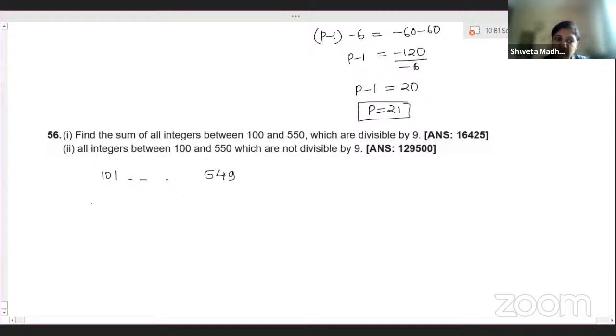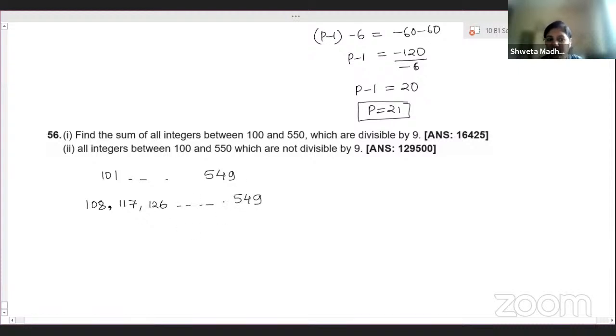So the first term is 108, because 99 is the earlier number divisible by 9, and 99 plus 9 is 108. So 108 is the first number divisible by 9. The second number is 117, then 126. And the last number, 549, is divisible by 9.